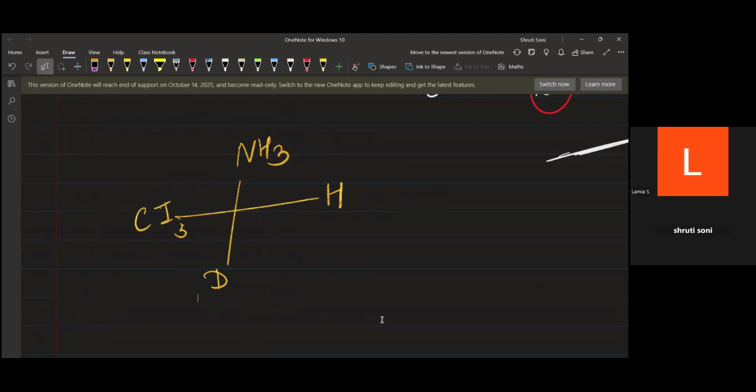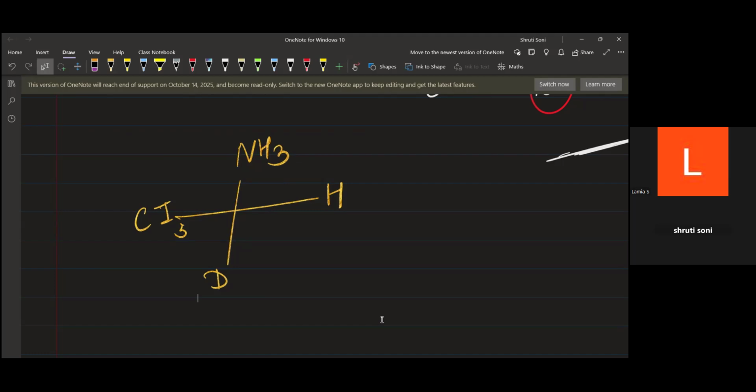What's D? Is that D? Yeah, the bottom is deuterium. It is an isotope of hydrogen. I would honestly need to look at the periodic table because I don't remember all of the atomic numbers. Okay, no issue. Deuterium has more mass as compared to hydrogen. It comes towards the end of the periodic table, right?